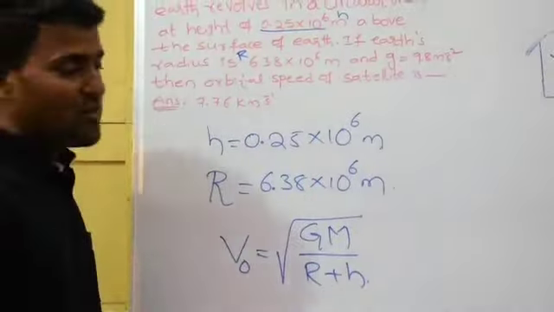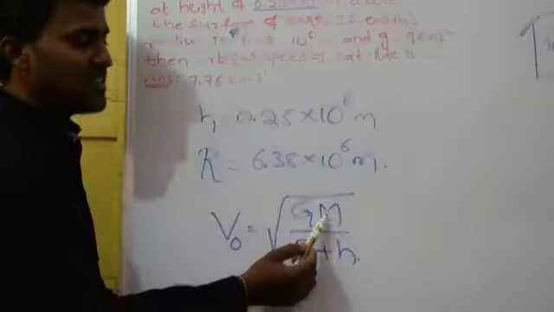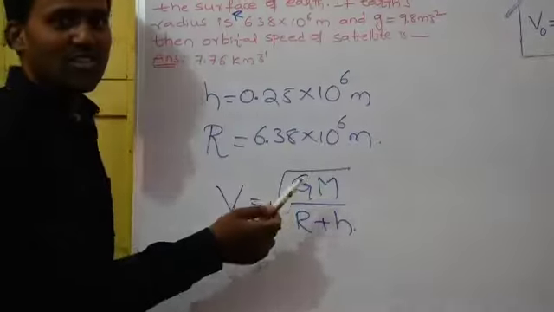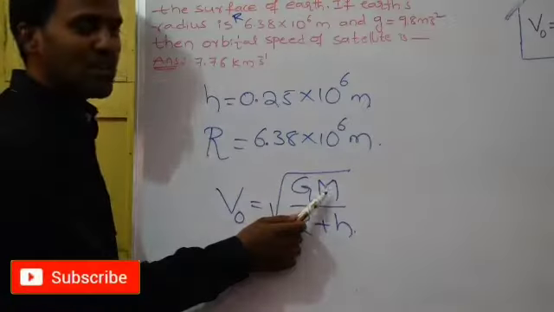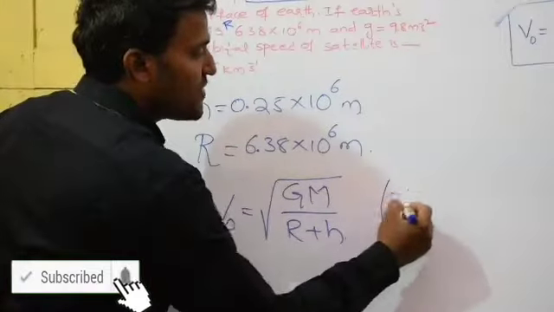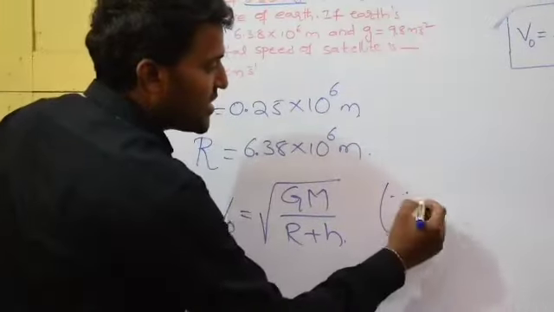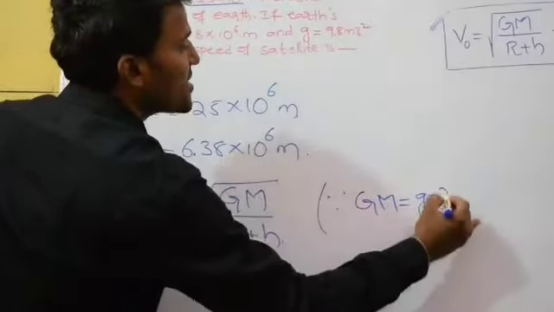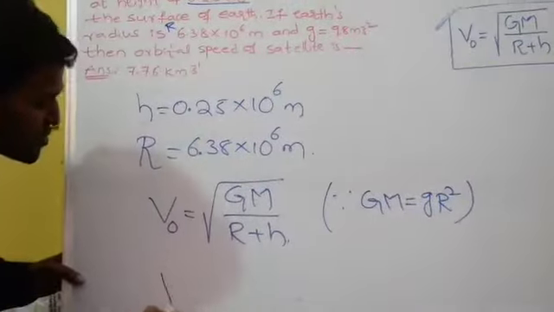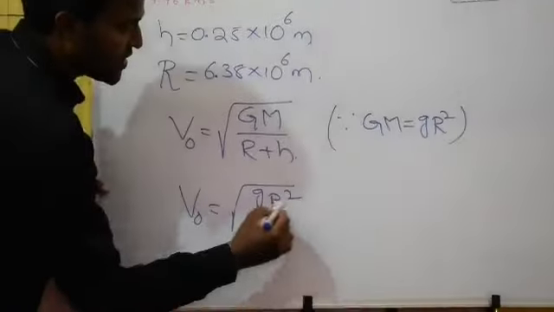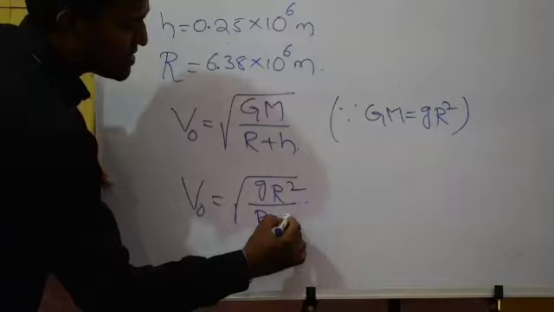But here we don't know what the M value is. G value we know, it is a constant. But we don't know the GM value. In the previous explanation I wrote that GM is equal to small g r square. If I substitute this here, we get g r square divided by r plus h.